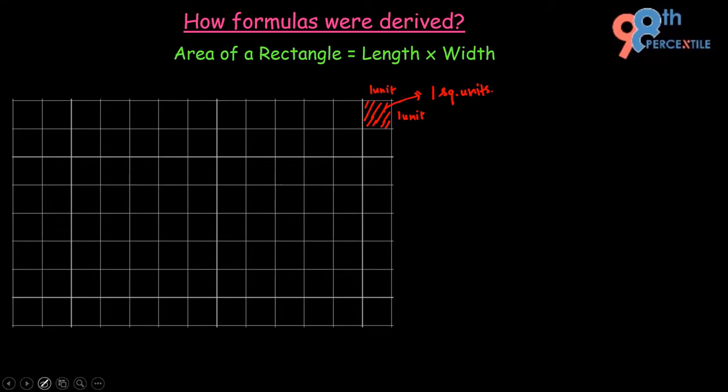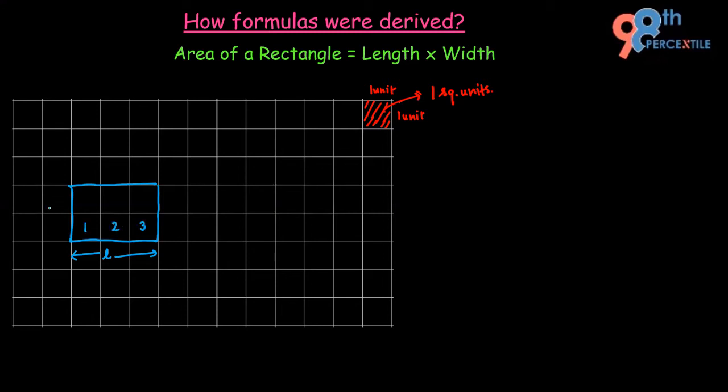Now let's consider a rectangle in this grid. Let's suppose this is the rectangle under consideration. Now, if we see carefully, this rectangle has 3 squares along its length. So this side is its length, and along its length it has how many squares? 3 squares.